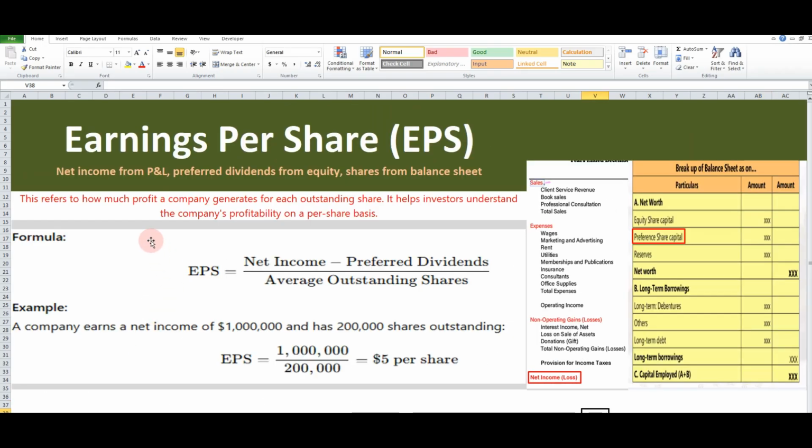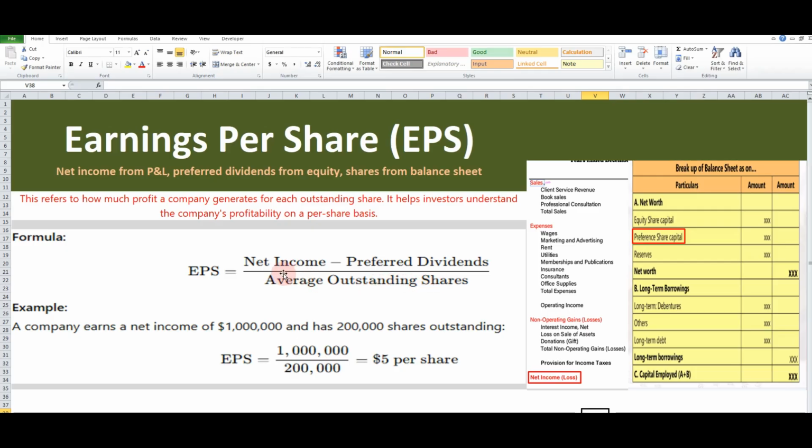Earning per share. This refers to how much profit a company generates for each outstanding share. It helps investors understand the company's profitability on a per share basis. The formula is net income minus preferred dividends, divided by average outstanding shares.